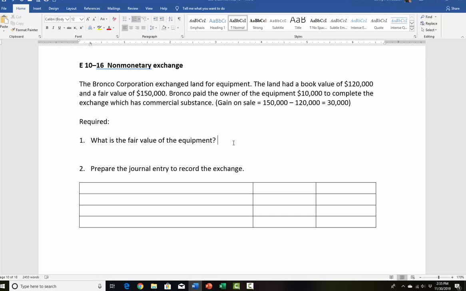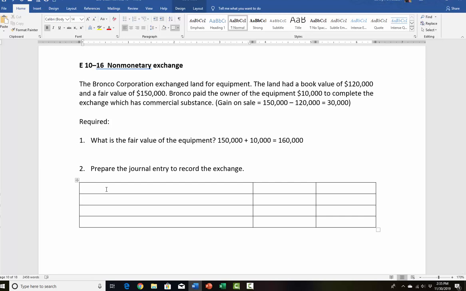Well, the fair value of the equipment is equal to what we're paying for it. So what are we paying for it? We're paying $150,000 in fair value of the land, and we're also paying $10,000 in cash. So the fair value of the equipment must be $160,000. Okay? All right, so now we have everything we need to put this together.